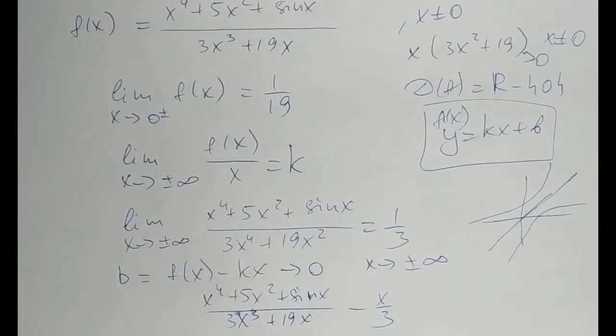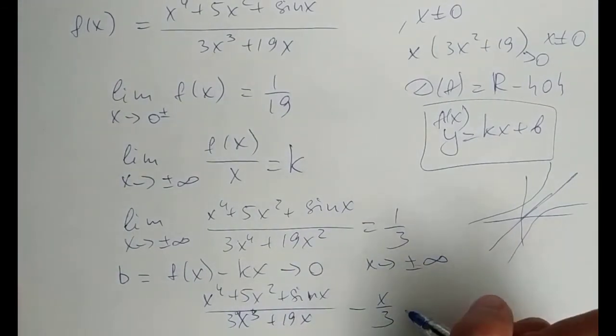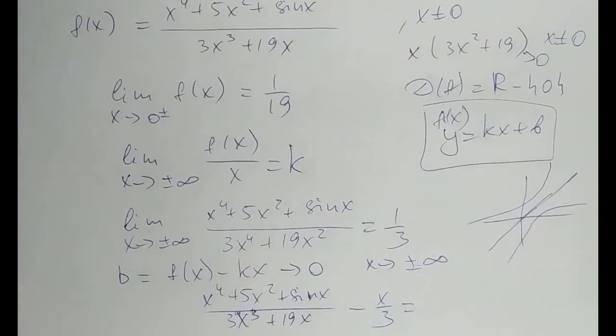In our case, it tends to 0, and then we have b is 0, because you can see it is as x tends to plus minus infinity.